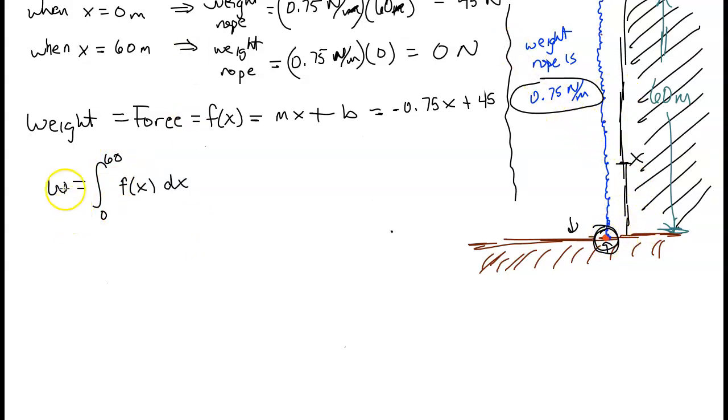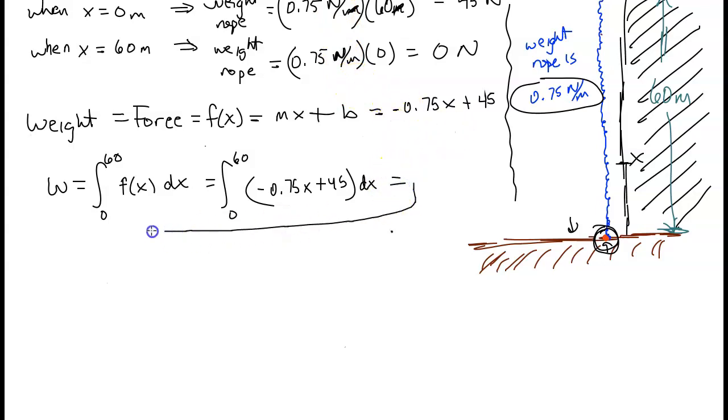So in a situation like this, we could use this formula for work directly. Our force function here, again, is just linear. And so now what we can do is essentially just take the antiderivative and figure out what the answer is.